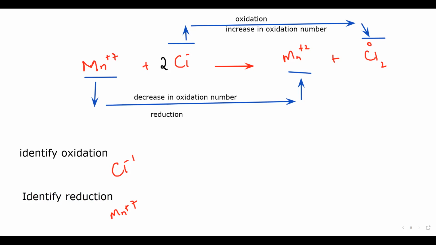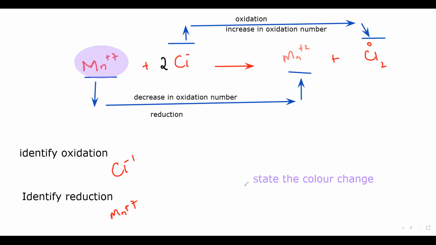Then they ask, state the color change. So how can we work out the color change? We know that Mn plus 7 is purple in color, whereas Mn plus 2 is colorless.